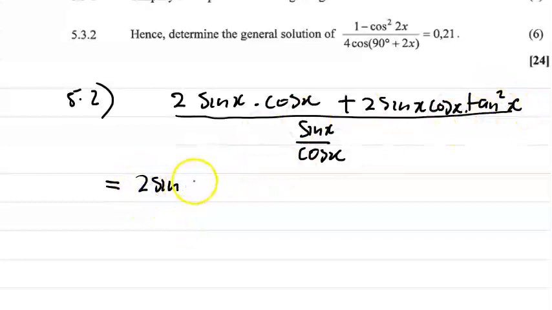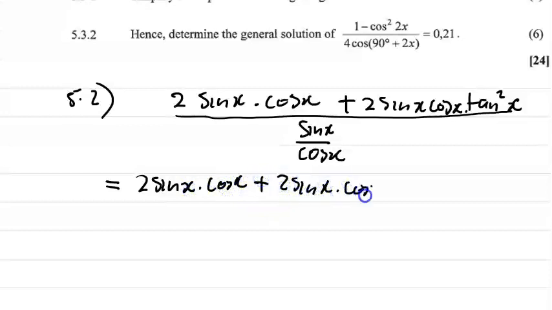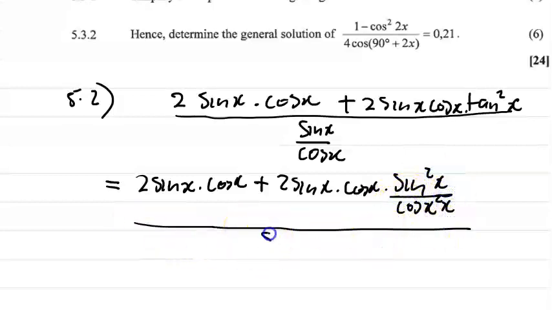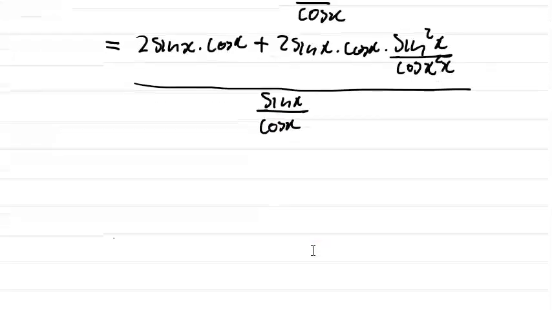So we're going to be left with 2 sine x times cos x plus 2 sine x times cos x times sine squared x all over cos squared x, and that's all over sine x over cos x. So let us simplify further.